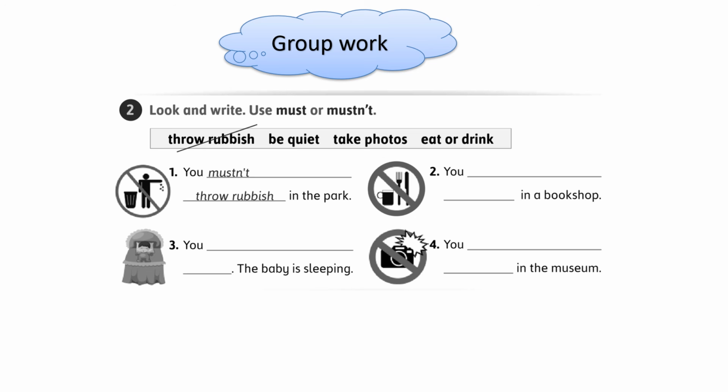Number 3, you must or mustn't, the baby is sleeping. طبعا you must be quiet, the baby is sleeping. Number 4, you must or mustn't in the museum. You mustn't take photos in the museum. A great job. Thank you very much and goodbye.